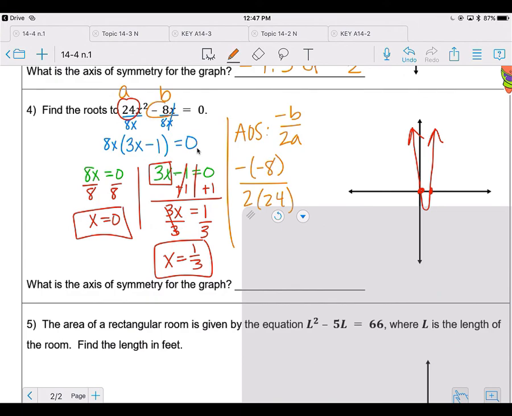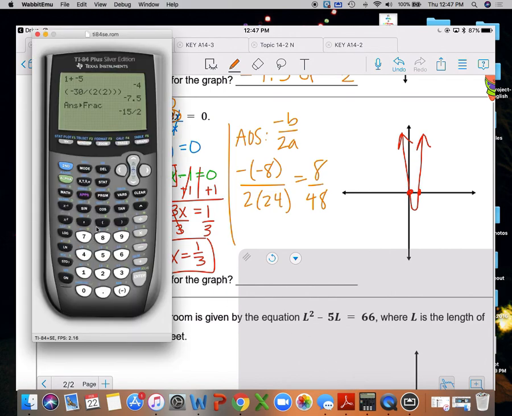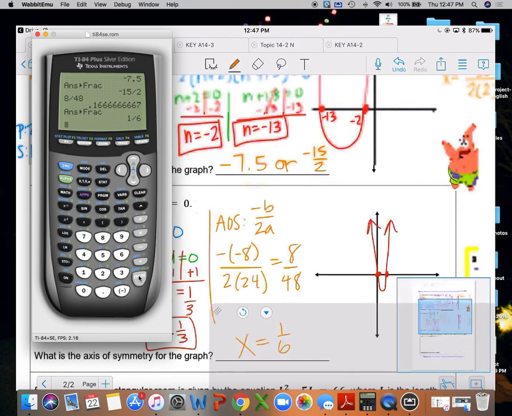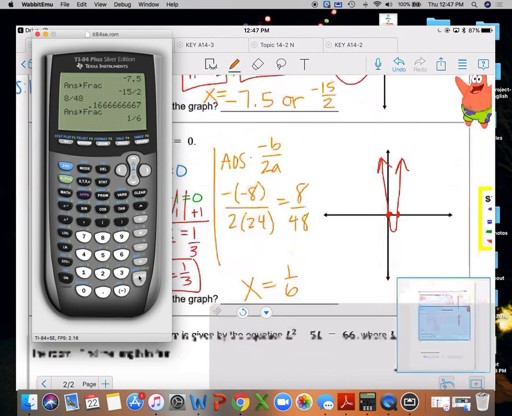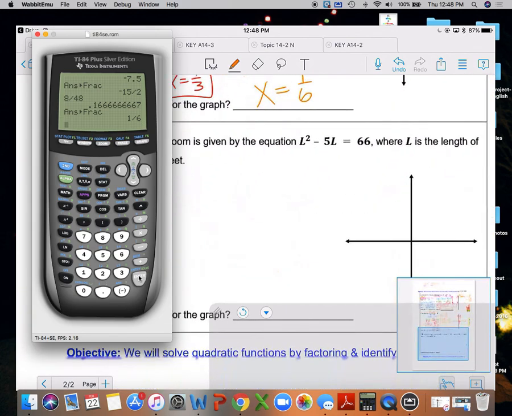Okay, so notice b was already negative, so that's why I have 2 negatives here, because it's the opposite of b. If I simplify this, I get 8 over 48. So in my calculator, 8 divided by 48 is ugly, so I click math, enter, enter. And my axis of symmetry is x equals 1/6. And I apologize, on problem 3, I forgot to put the x equals. So to find your axis of symmetry, this is a lot easier than trying to find the halfway point between 0 and 1/3.